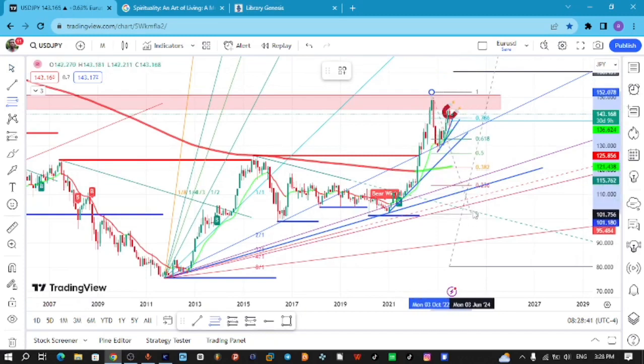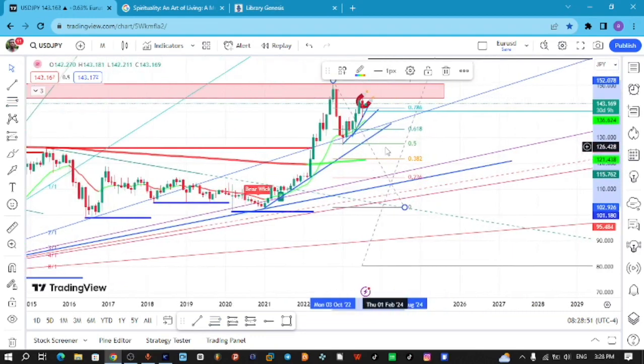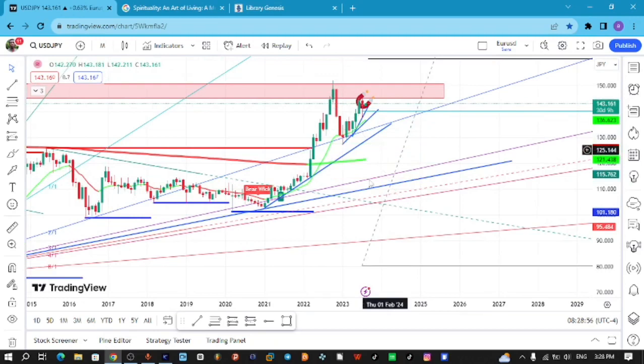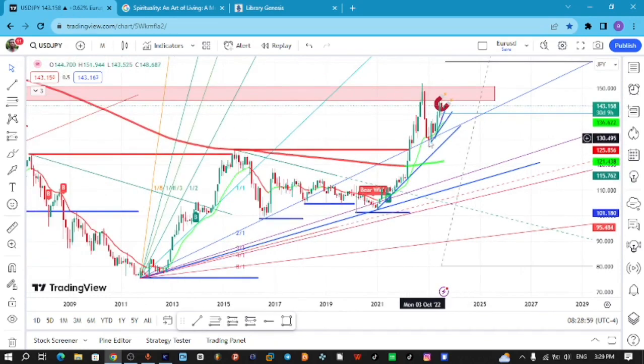That is a good entry for a buy. As you can see, it landed right on the 50% point. Okay, then the price started to continue this bullish move to test this supply zone.